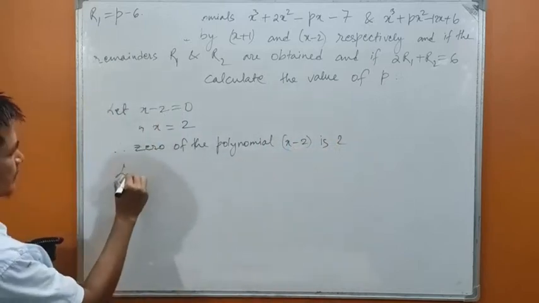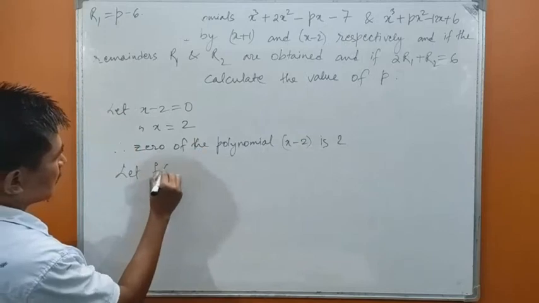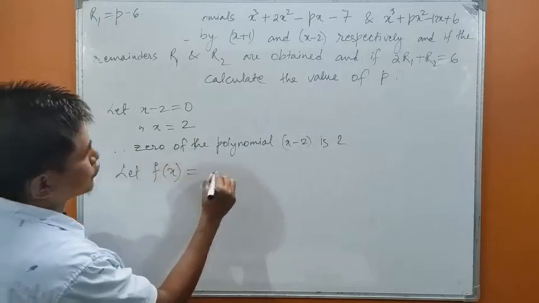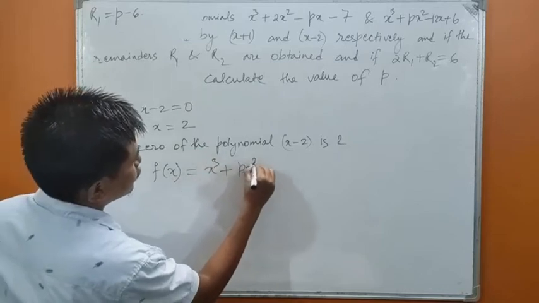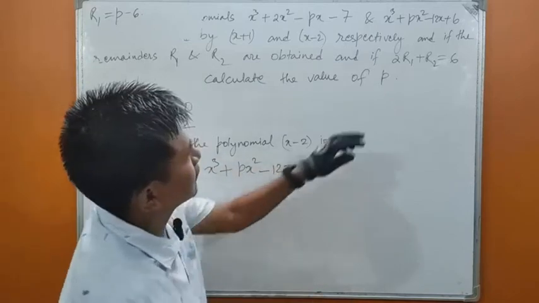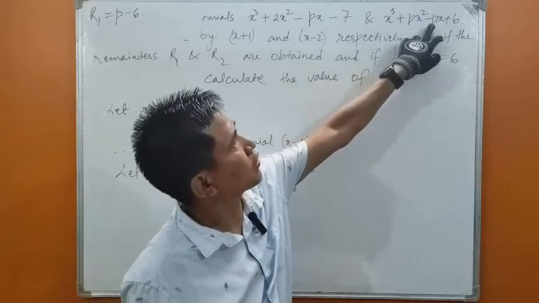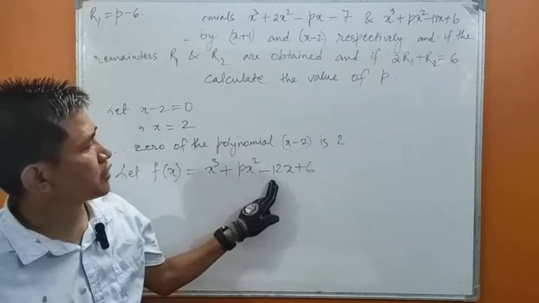So let f(x) equal x cube plus px square minus 12x plus 6.